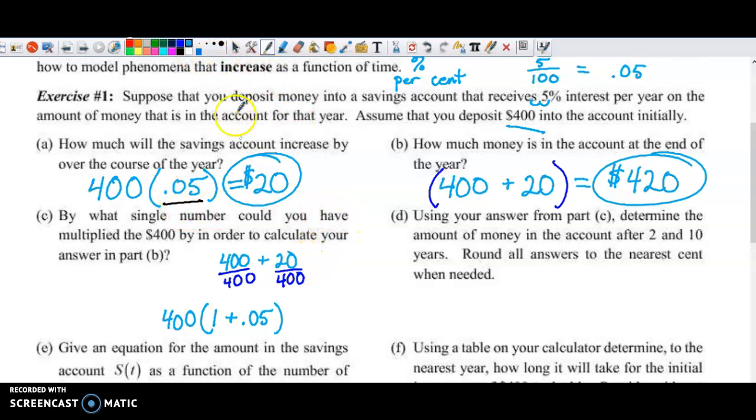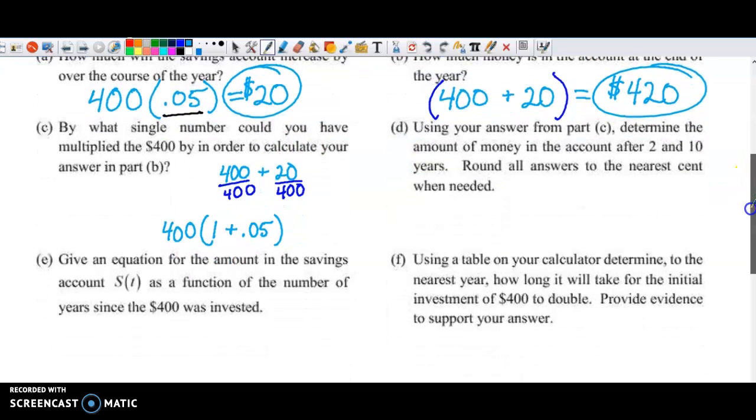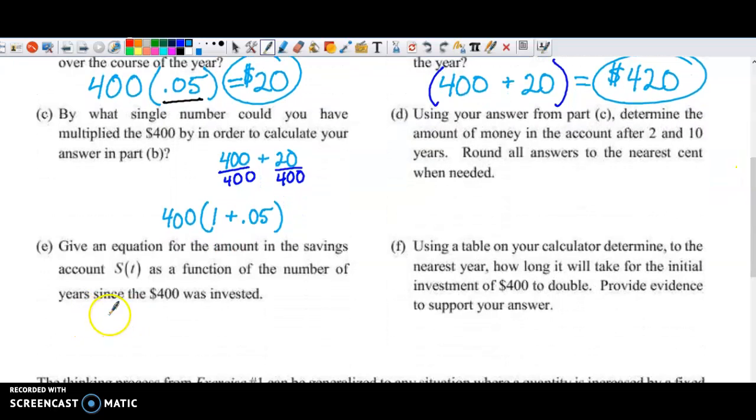So the thought process is, you could actually create your own equation. I kind of want to do it in part E already, that you could create an equation for the savings account after time t, equal to the initial amount times 1 plus 0.05 to the t power. The reason why is because after 2 years of doing this savings account, well, maybe I should pull up a calculator.